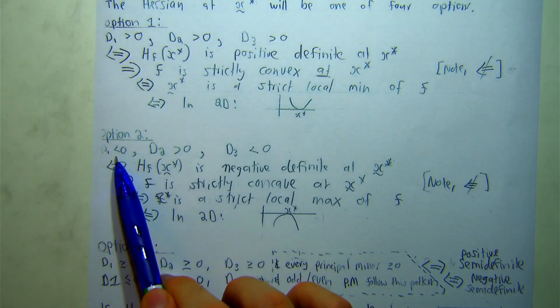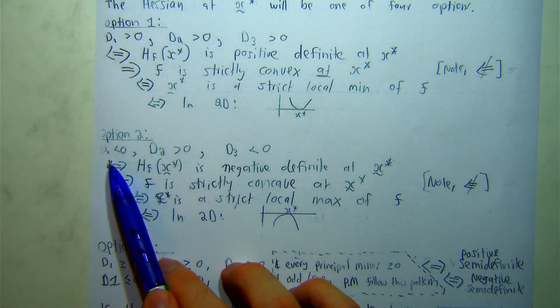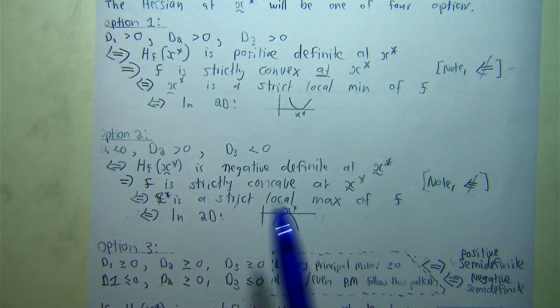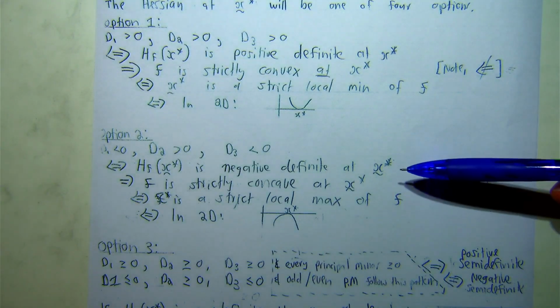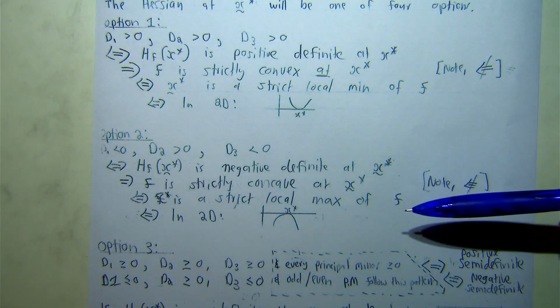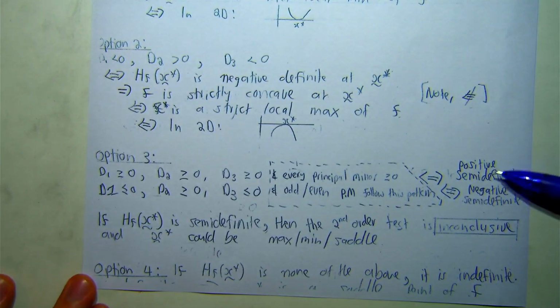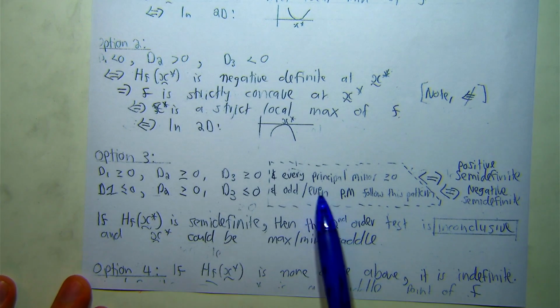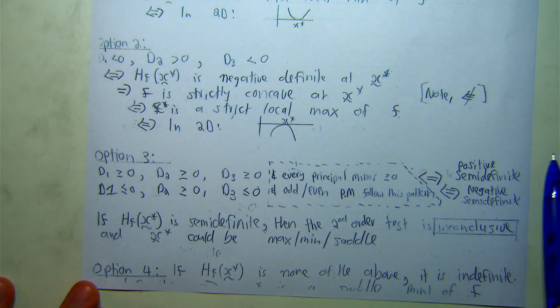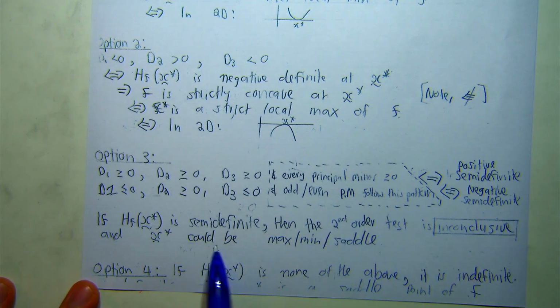Option 2, if you follow this pattern of leading principal minors being negative, positive, negative, then that goes into being negative definite, strictly concave, and a local max. Here, you've got positive semi-definite and negative semi-definite, which requires analysis on all the principal minors, not just the leading ones. And that will be important to do.